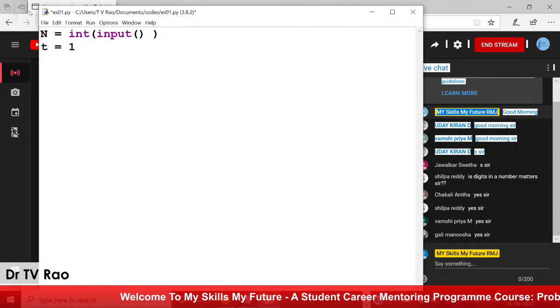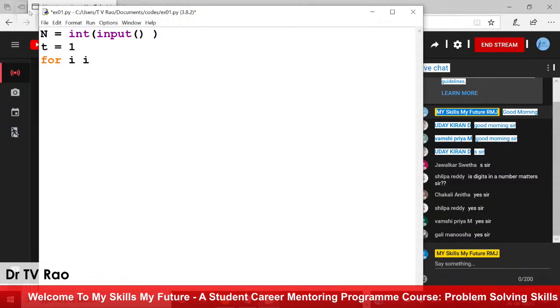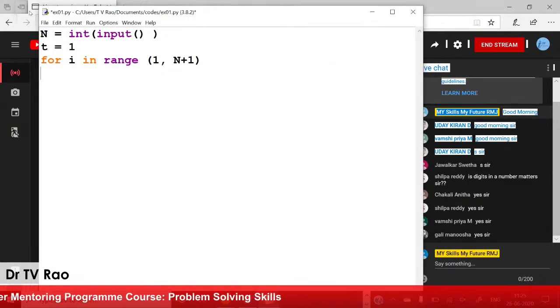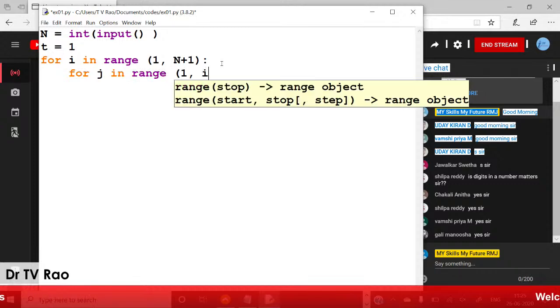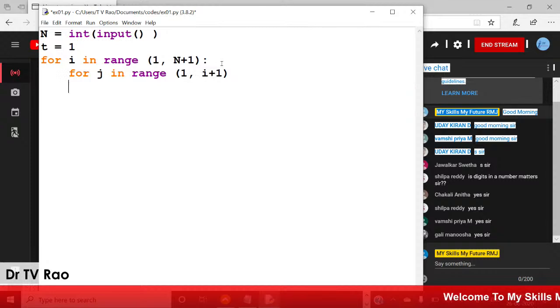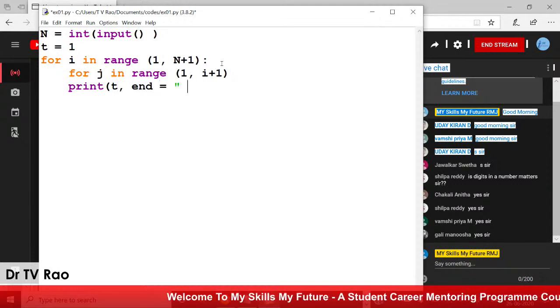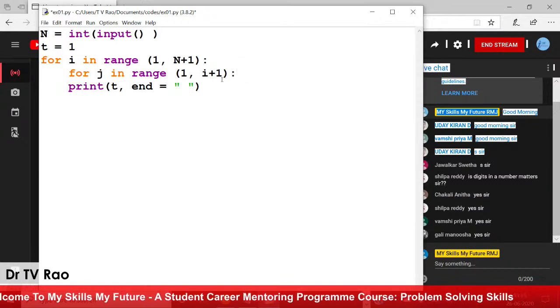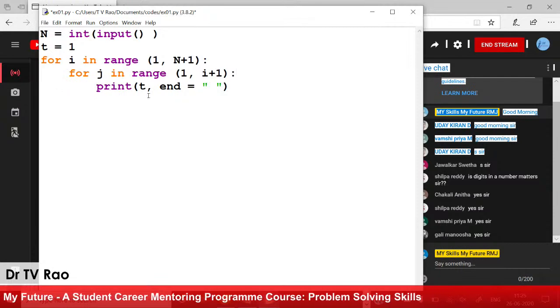Say term number equal to 1, for i in range 1 to n plus 1, for j in range 1 to i plus 1, say print term number. Okay, and continue if there are any in that row. So you need not worry about what i and j is.